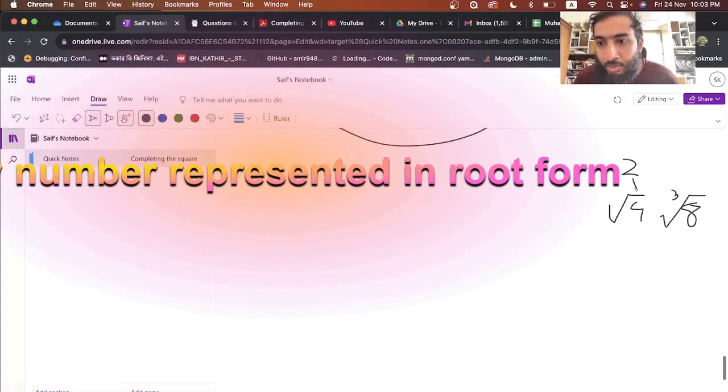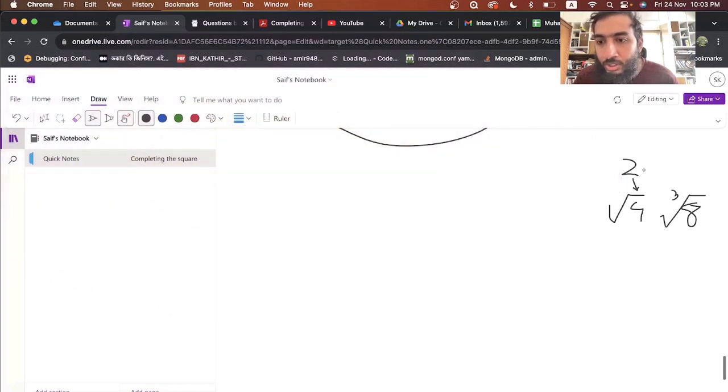So the surd form of 2 is root 4 or cube root 8. You have to write the number in a root form, be it square root or cube root or fourth root, etc. This one, fourth root of 16, is also another surd form. So I hope you get what a surd form is.